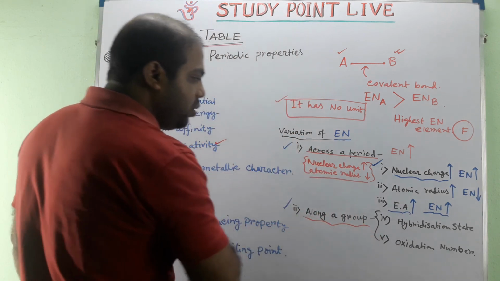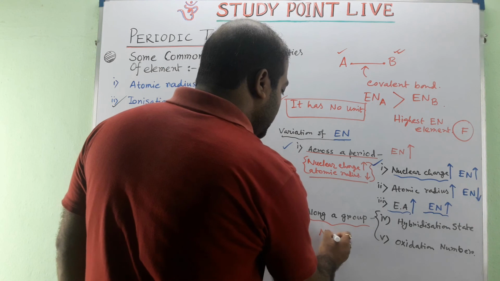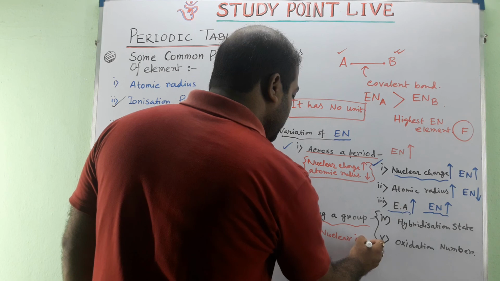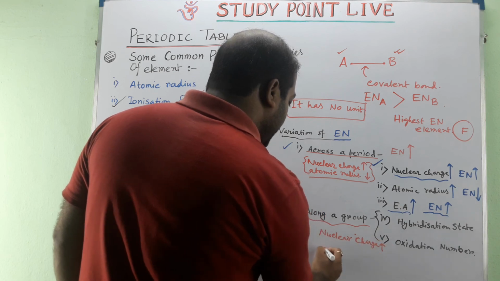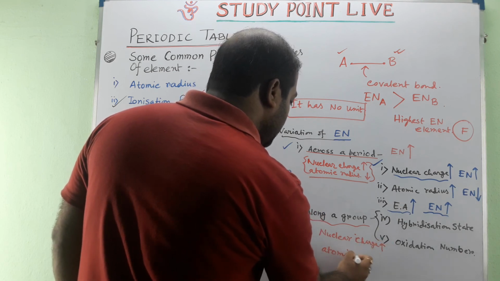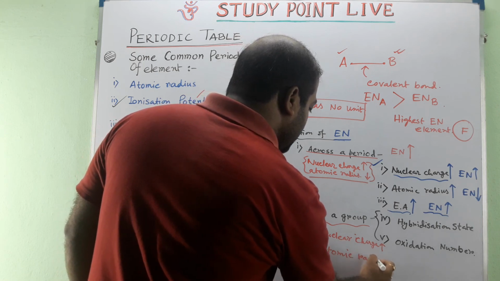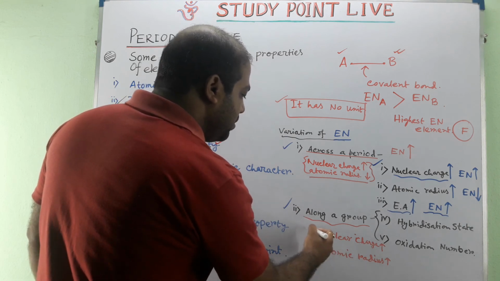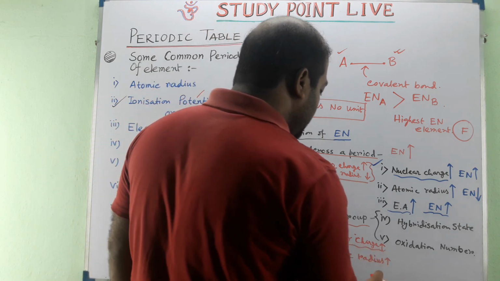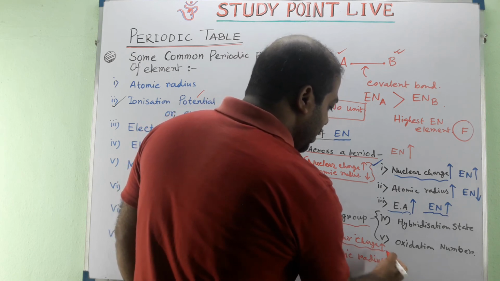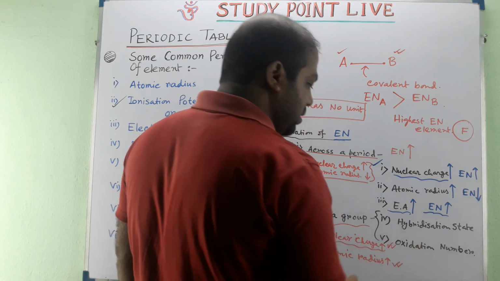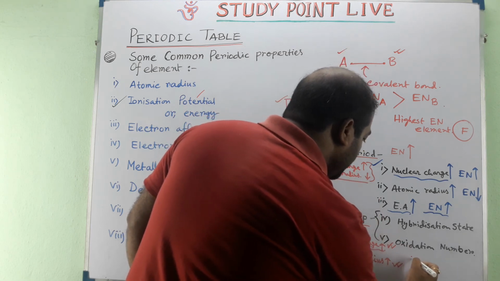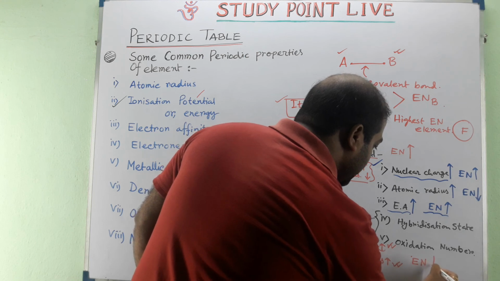As well, along a group, nuclear charge increases, but the atomic radius increases to too much extent compared to nuclear charge. That's why this factor overcomes the nuclear charge factor, and hence along a group electronegativity decreases.